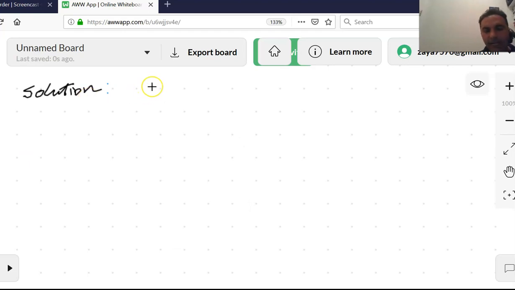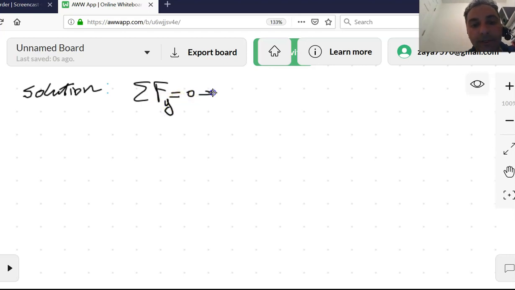Remember, we have to find friction force first, always. So what is friction force, guys? We have to write sigma F equals 0 for the axis where there is no motion. There is no motion on the y-axis, therefore very simple, we can say Fn minus mg is equal with 0.